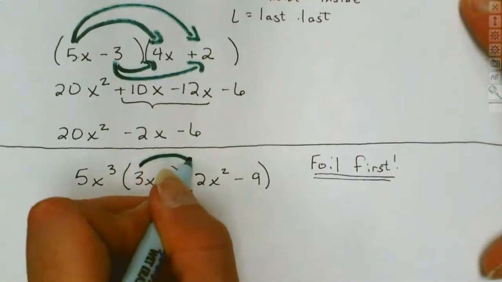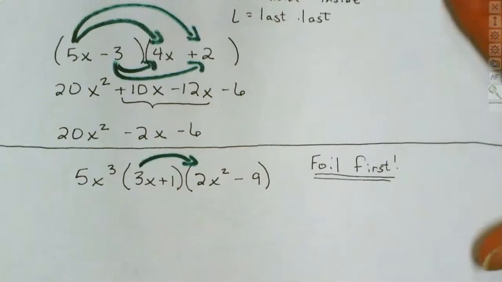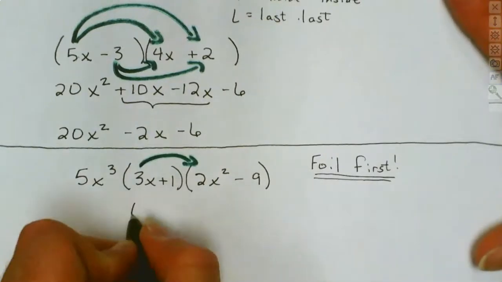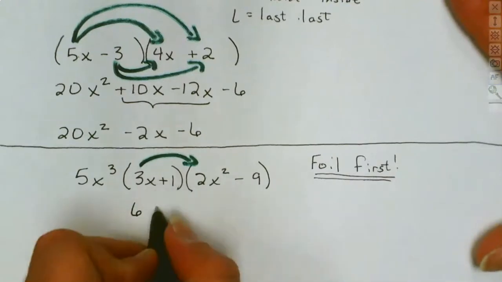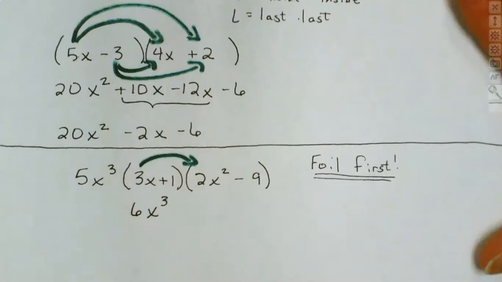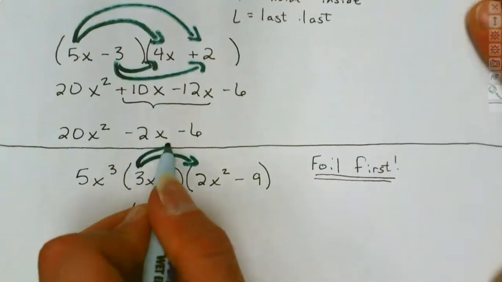So when we FOIL, we've got 3 times 2, that's going to be a 6. X times an x squared makes it an x cubed. That's your first times the first. Then we need the outside times the outside.